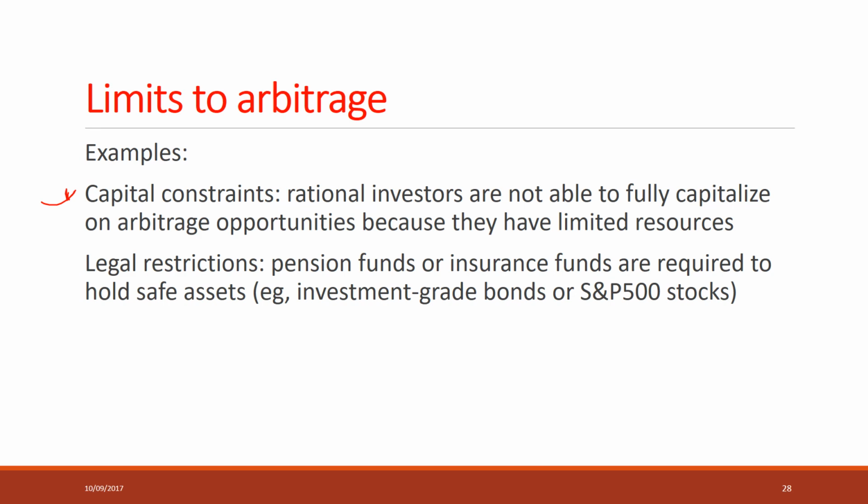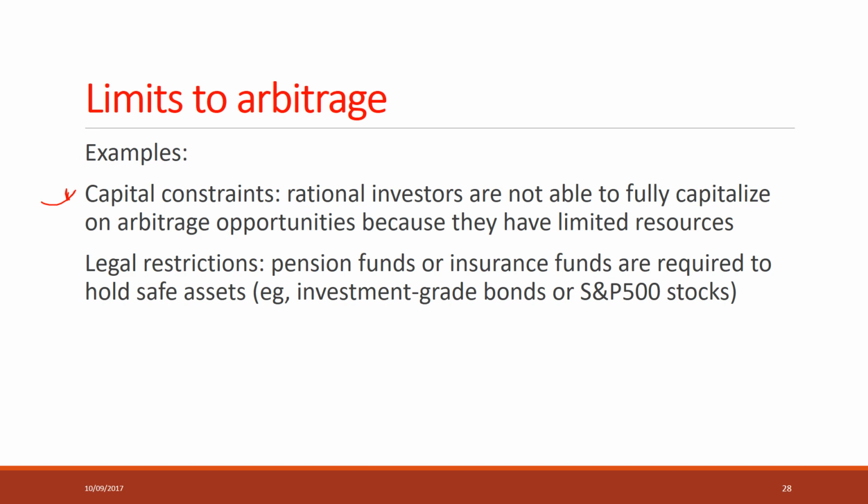The hedge fund could identify the mispricing opportunity for sure, but because they are capital constrained, they only have a limited amount of funds to invest, they can't fully capitalize on the arbitrage opportunity, and therefore the market price would stay at the irrational level for a long time.